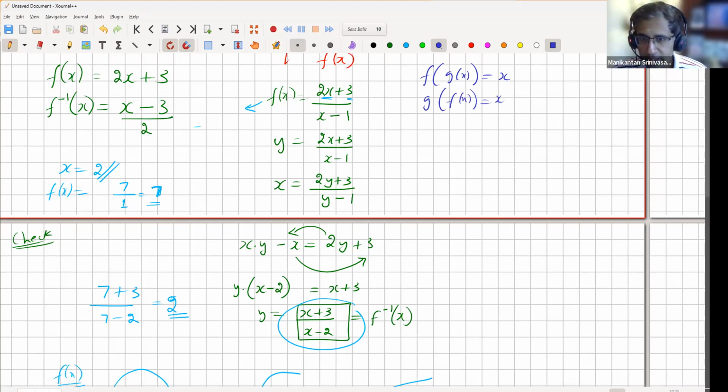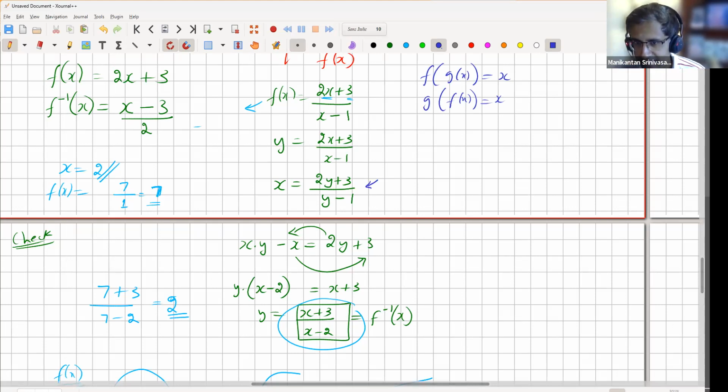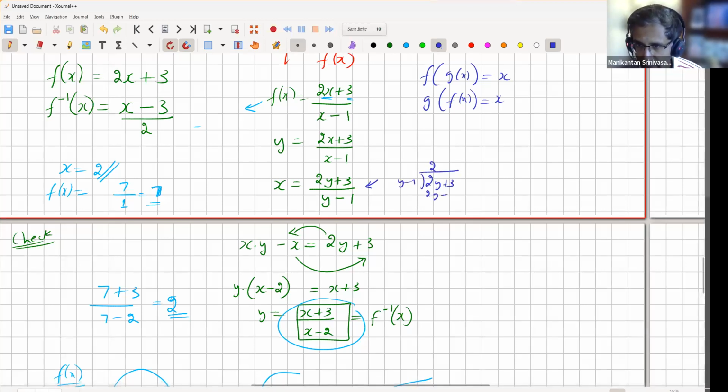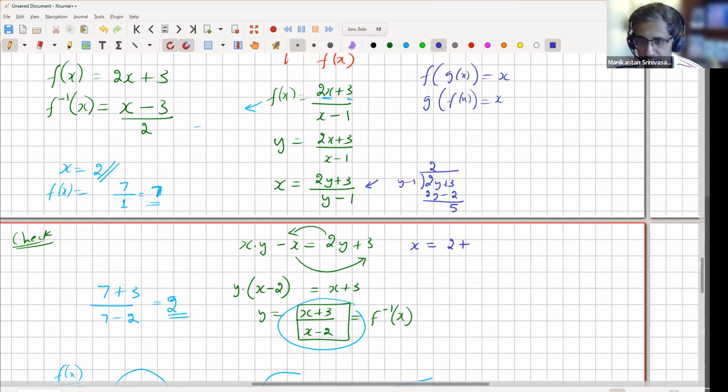The other point he asked was to simplify this. Can't I actually divide it? So I can do that. What he's saying is, if I divide 2y plus 3 by y minus 1, it becomes 2y minus 2, so the remainder is 5, I believe. So x is 2 plus a remainder of 5 by y minus 1.